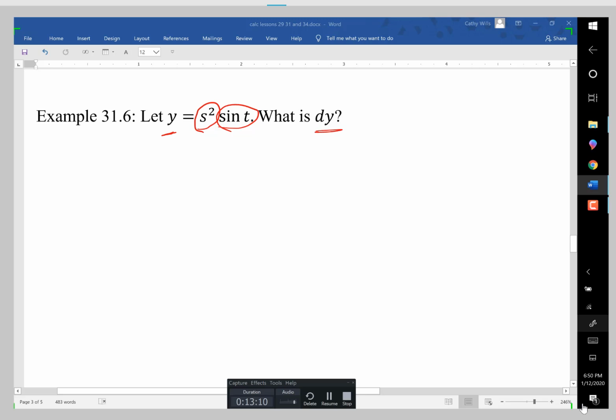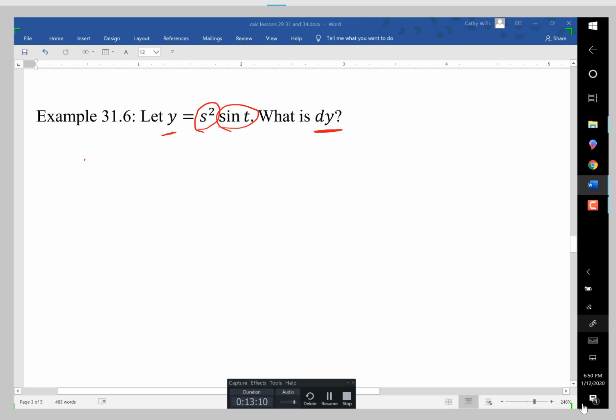Now they're asking you for the differential of this function y, which is made up of the product of two other functions. The way we do that is we take the first function, multiply it by the differential of the second function, and we take the second function and multiply it by the differential of the first function. So when they say to find dy, they mean just the differential of this function. The first thing we have to do is find the differentials of the two individual functions.